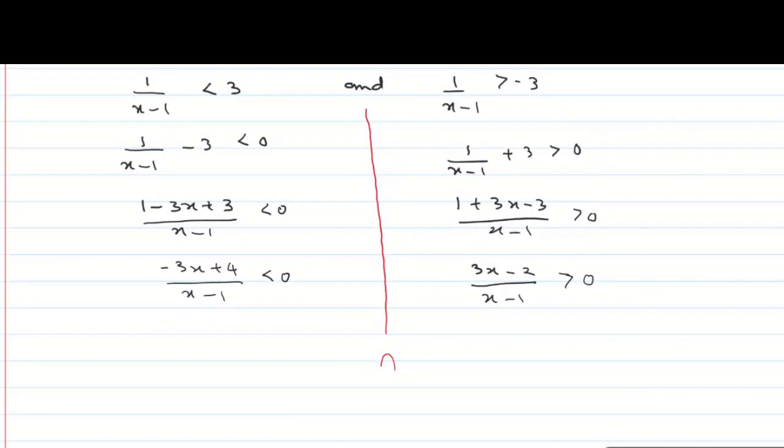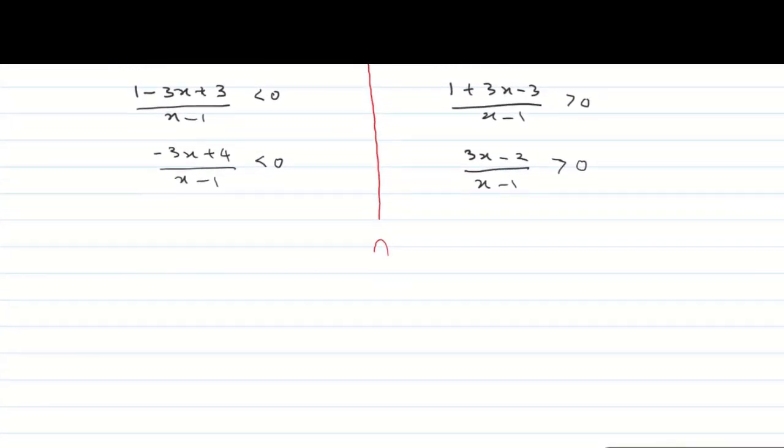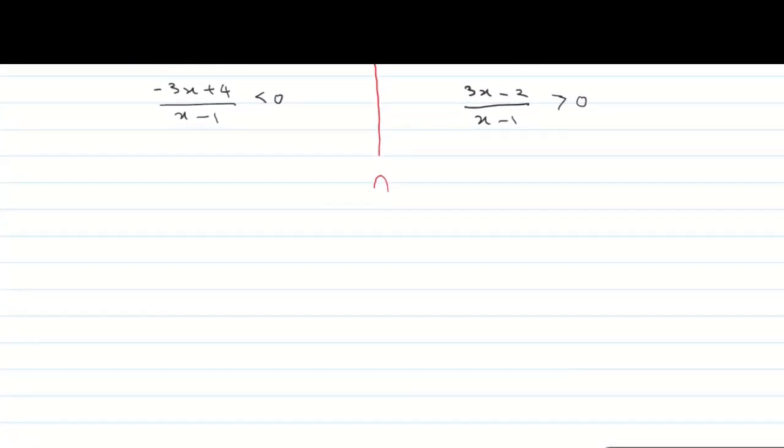Okay, now let's look at the solution for the first rational inequality. So, by using table, okay, first we have to find all the zeros. So the zeros are 4 over 3 and 1. So 1 is here, 4 over 3 is here.